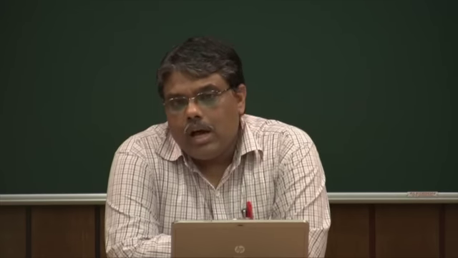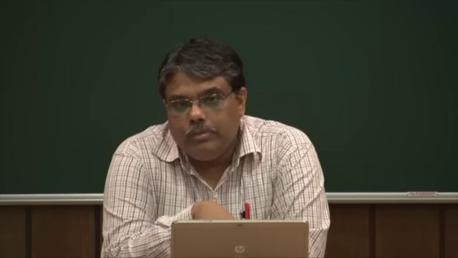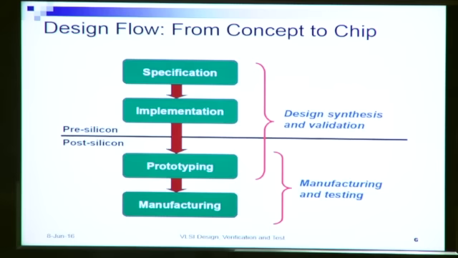So firstly, we don't have any idea about what the structure of the chip will be, what will be the gates, what will be the architecture. We don't have that idea initially. Initially, we have only an idea of the behavior or the functionality. What function should this chip or my application perform?